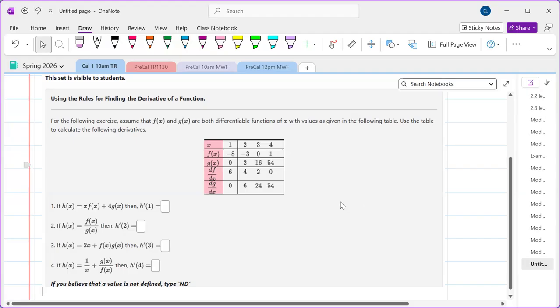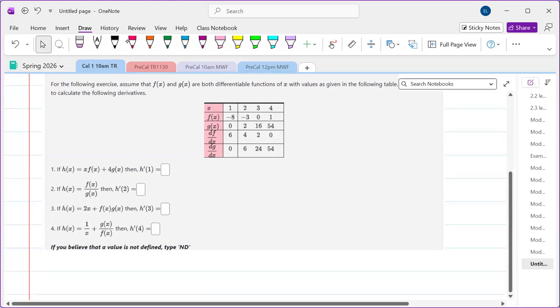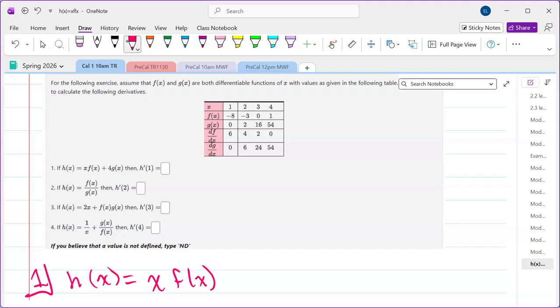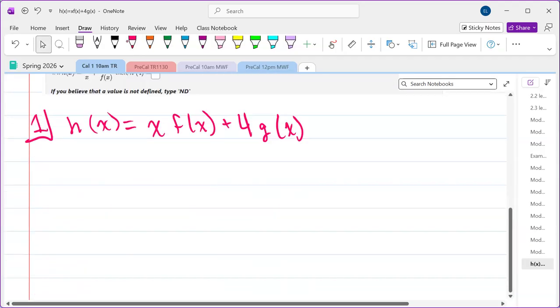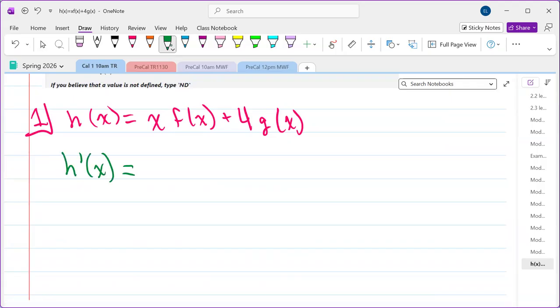We're going to focus on just finding that derivative.